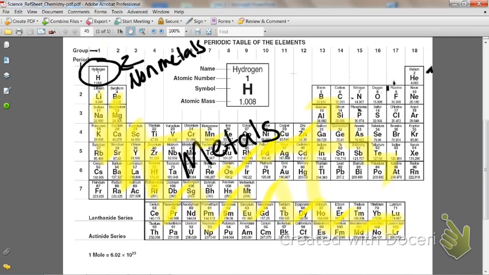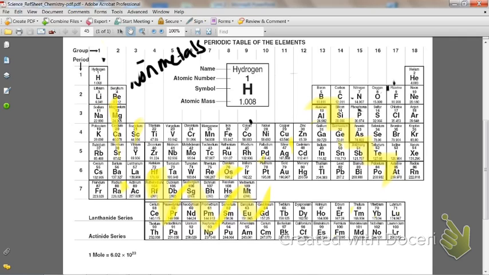Alright, so what exactly are metalloids? Let me erase all of this and let's look at the metalloids here. The metalloids run along the dividing line. They can't make up their mind if they want to be a metal or a nonmetal. So they choose to be both or have properties of both.